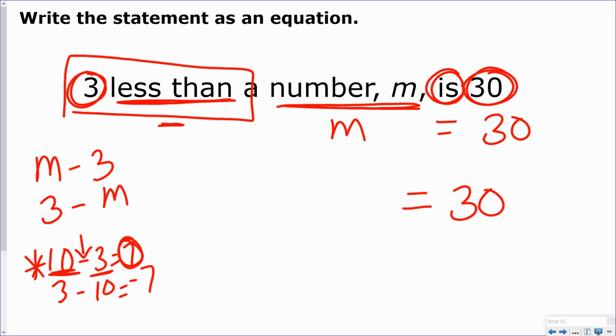So that means in my problem here, I'm going to put my variable first, m minus 3 equals 30. So I have 3 less than my number m. So the equation that represents 3 less than a number m is 30 would be m minus 3 equals 30.